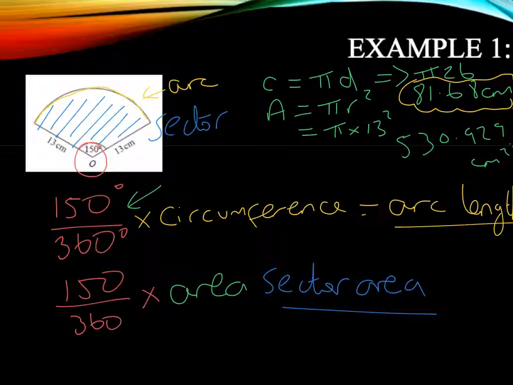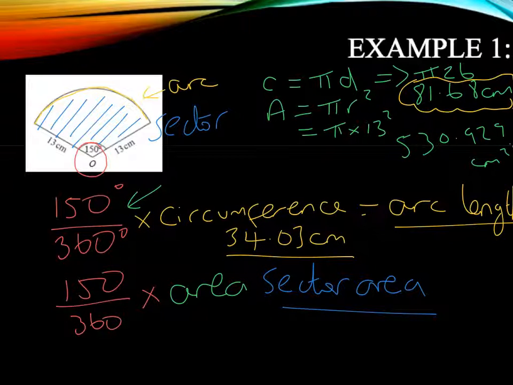So again, I can do that on my calculator, 150 divided by 360 multiplied by, and just for accuracy I'm going to multiply it by 26 pi on my calculator, but as I say, you'll be writing all these values down on your exam sheet. And I get a solution of 34.033, I'm just going to round it to 34.03 centimetres. Remember, it's a length that we're calculating.